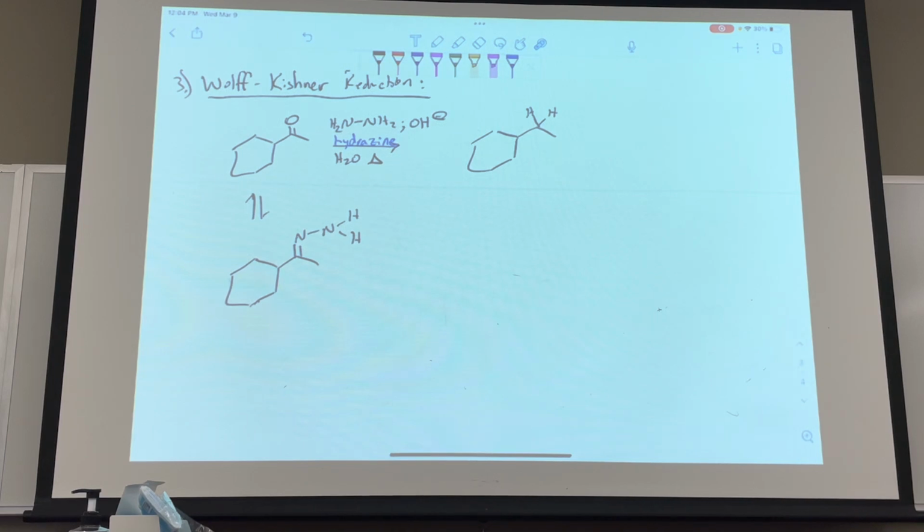All right? So let's go ahead and look at how we get from this imine type structure to the reduced methylene. The first thing that's going to happen in this one is that strong base is going to come in and grab one of the nitrogen hydrogens, which is going to push those electrons in like this.